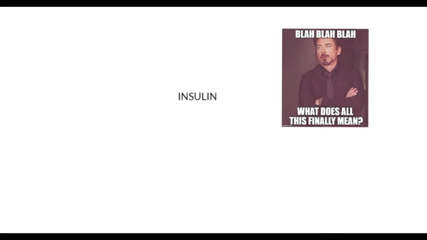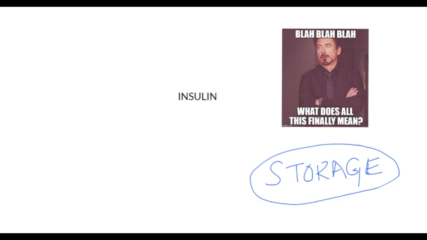Insulin has a very important role to play in blood sugar levels. Insulin is responsible for decreasing the blood sugar levels in a normal individual, and overall it acts as a storage hormone. It takes the energy from the blood and stores it in the body for whenever we need it in the future.